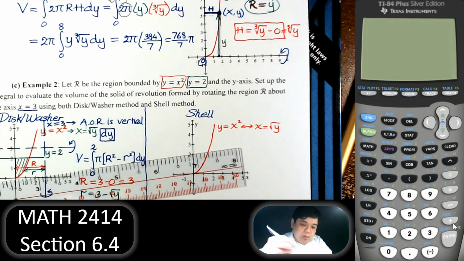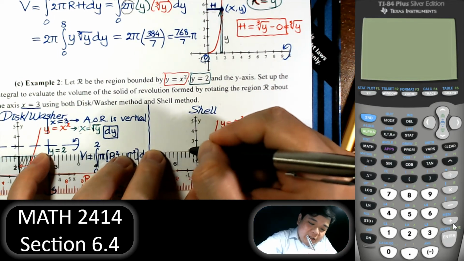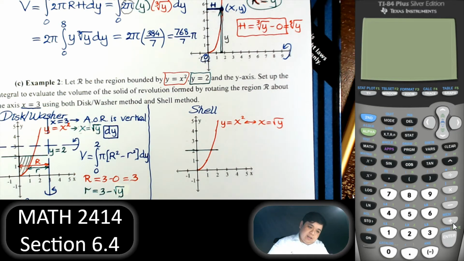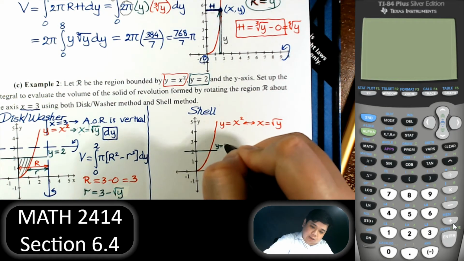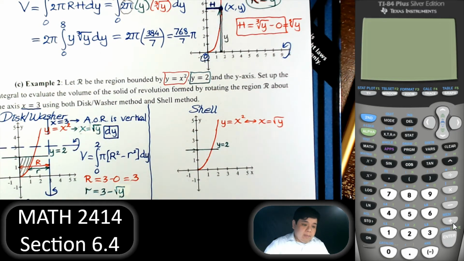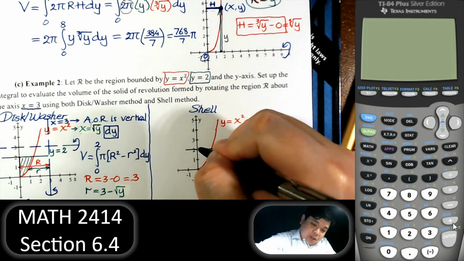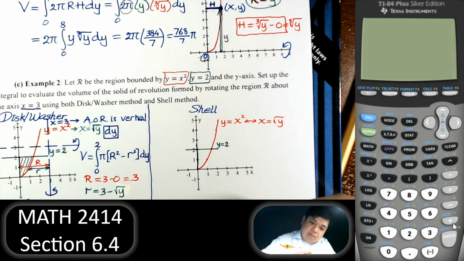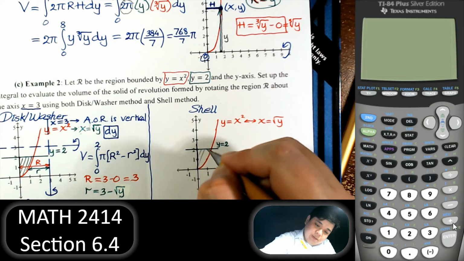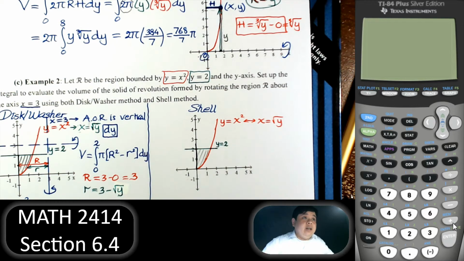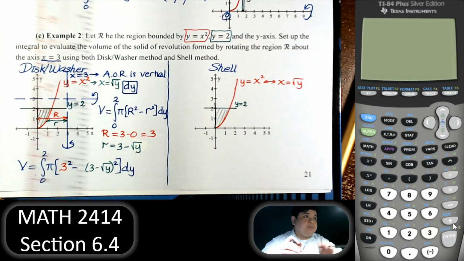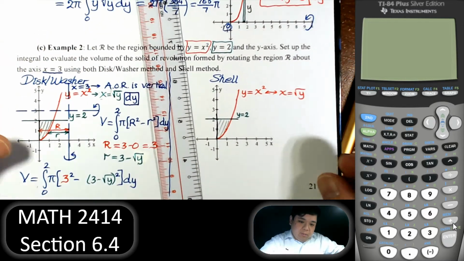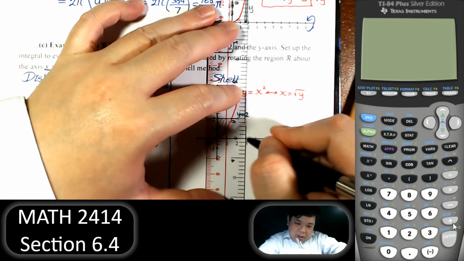Y equal to 2. And the y-axis, x equal to 0. Still the same region there. The axis of rotation, x equal to 3.